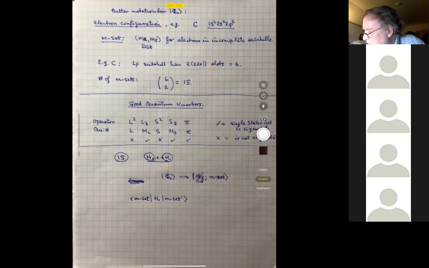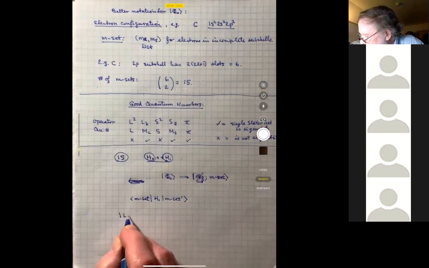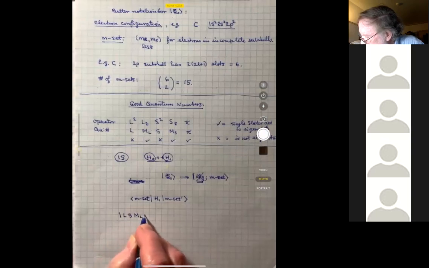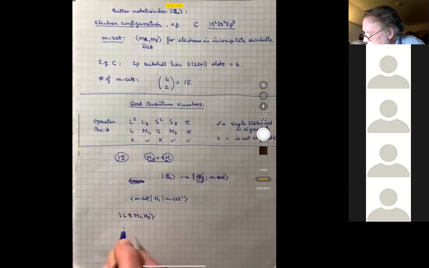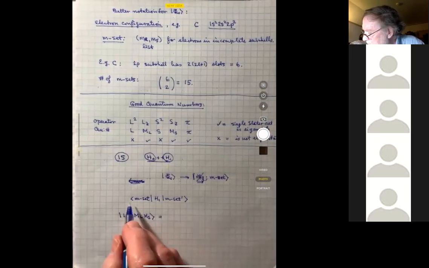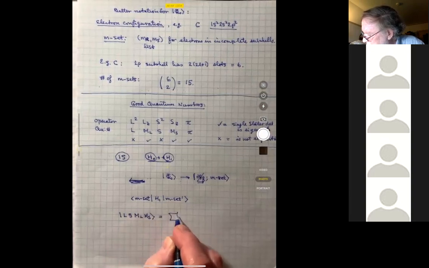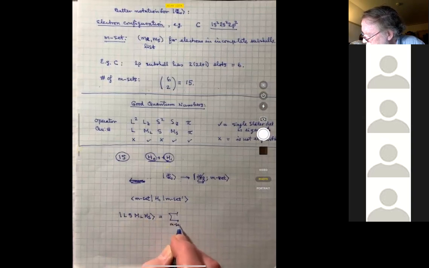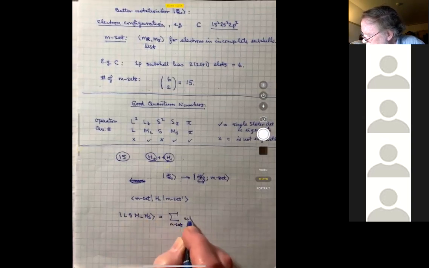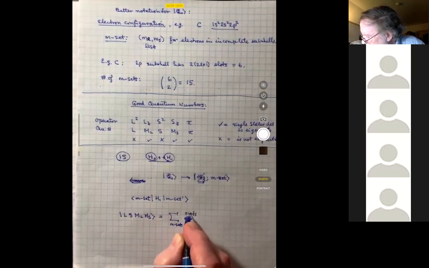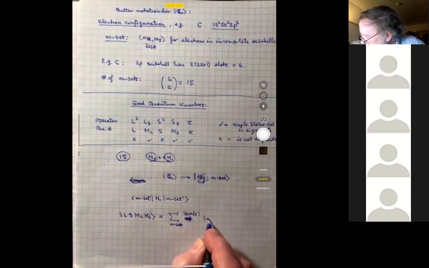Well, it's much better, instead of using M sets, to use eigenstates of the operators L squared, S squared, L sub Z, and S sub Z, which I'll represent by their quantum numbers here. And these are going to be linear combinations of the Slater determinants with M sets. So there are sums over the M sets of coefficients multiplied times the M sets.